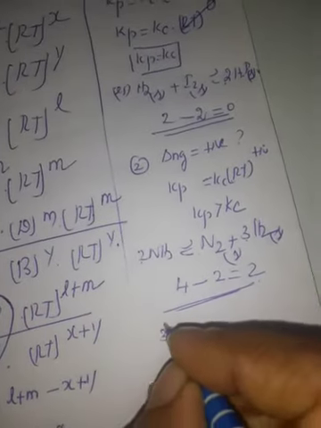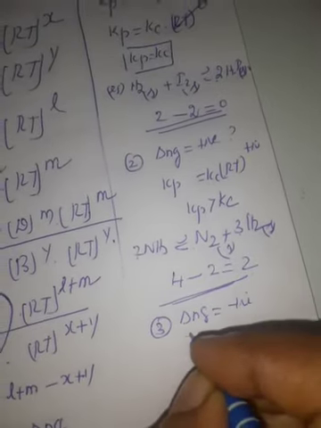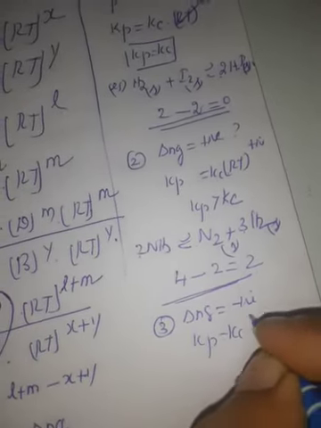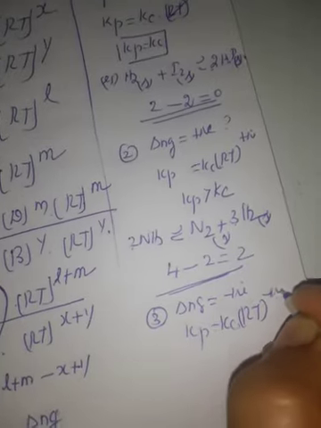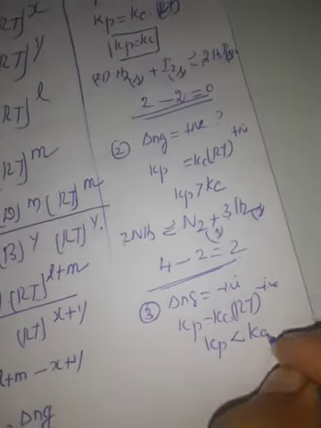Now third, when delta Ng is negative, that is Kp is equal to Kc into (RT) power a negative value. This is the case: Kp is less than Kc.